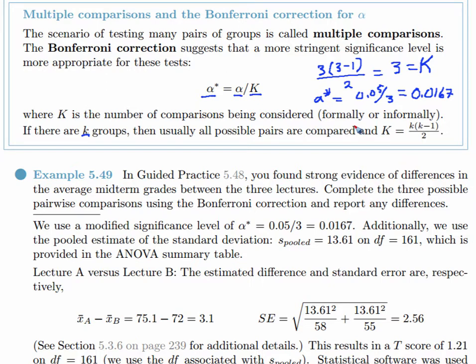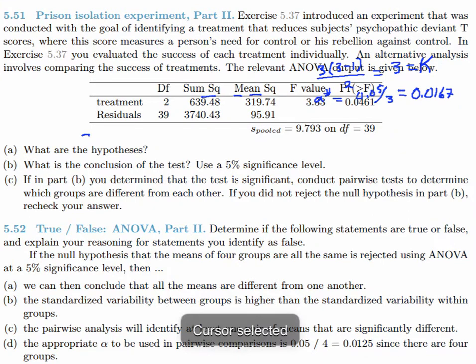Okay, so the second thing that we're going to need from this is the pooled standard deviation, and they gave that to us in the problem here below the table. So you see they gave us S pooled. Now the reason we're going to need that is because we're going to be doing 3 pairwise tests, and so we're going to have to get an estimate of the pooled standard deviation among all of those.